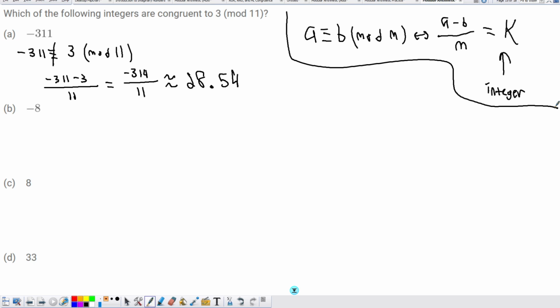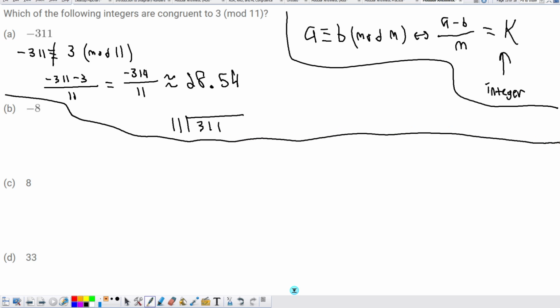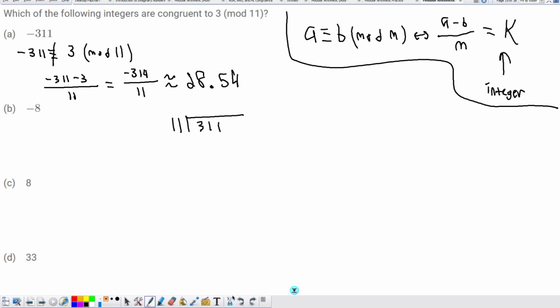The way it works is you can simply do 311 divided by 11, just keep it positive.